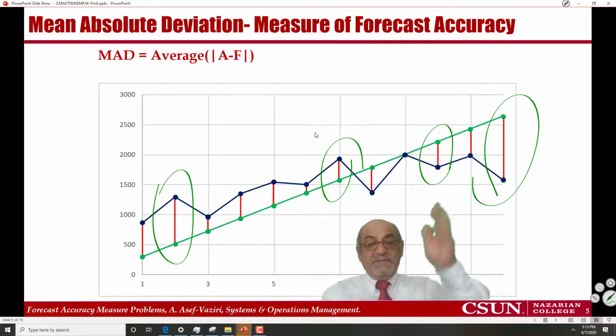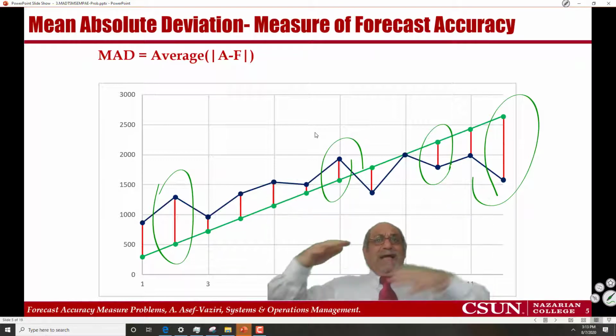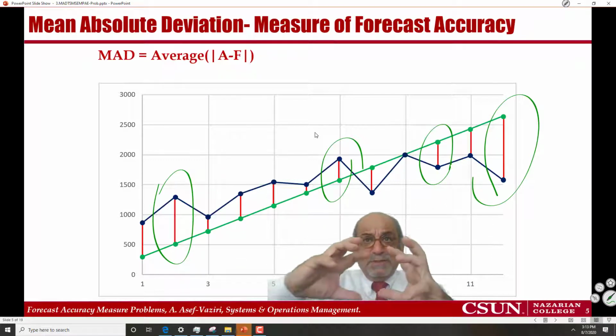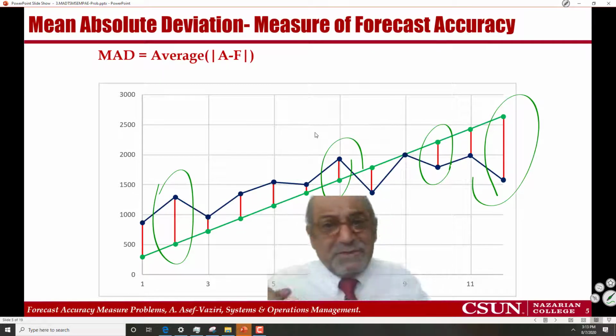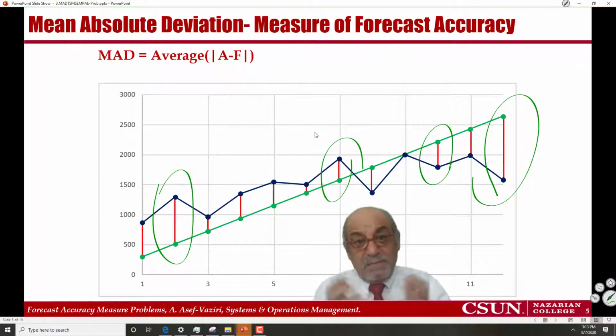If one of them is positive, the other one is negative. While there is a huge gap between actual and forecast, the summation and average of those gaps may come out very close to zero. So we drop the sign by replacing each error with its absolute value and then average them.